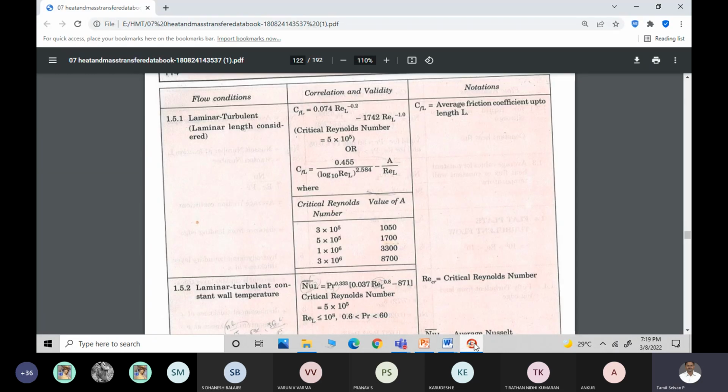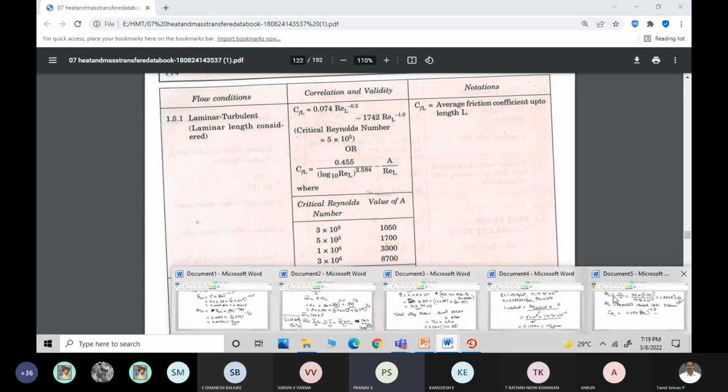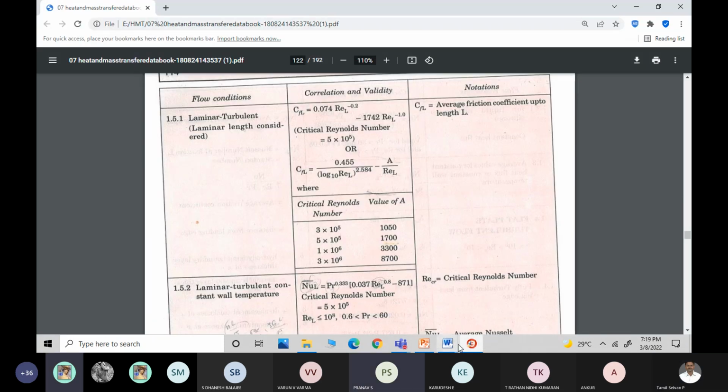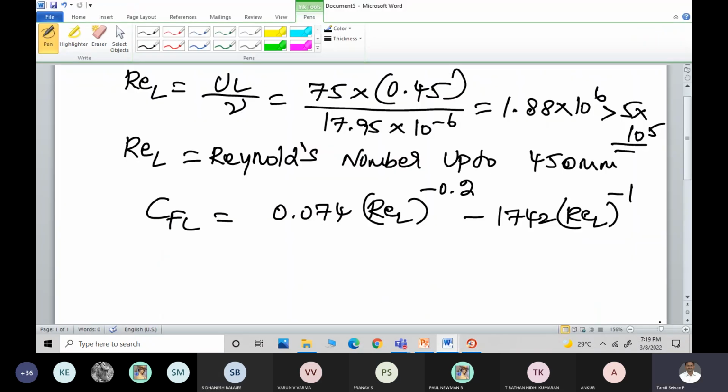What is the expression? 1742 into Reynolds number to the power minus 1, right? Yes, sir. Okay.